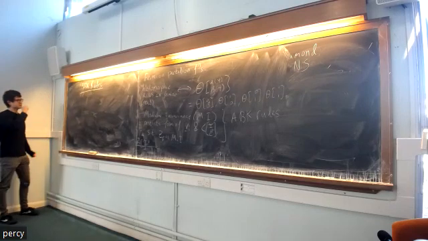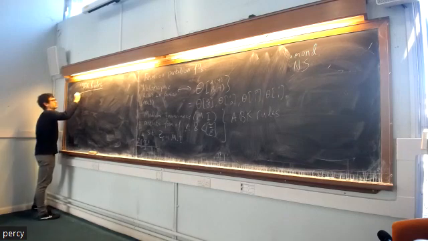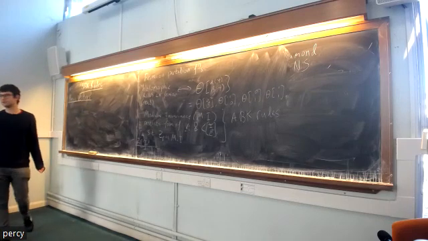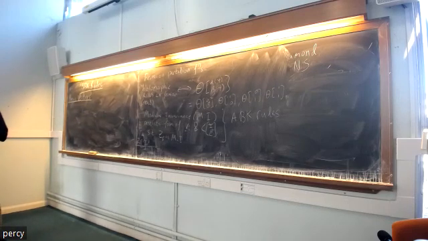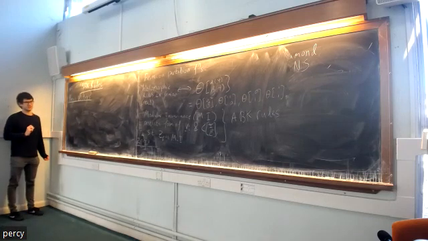So the ABK rules. For the basis vectors, they are defined in terms of the dot products of basis vectors between each other. So I'll define the dot product in a second.